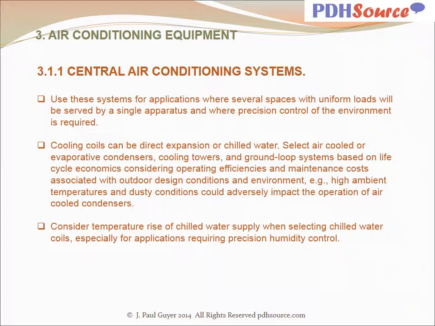Now, the term ton of cooling capacity, that's not how much the air conditioning system weighs. The unit of heat transfer is the British thermal unit, and back in the 1890s, it was ascertained that it takes 12,000 BTUs to melt 1 ton of ice.